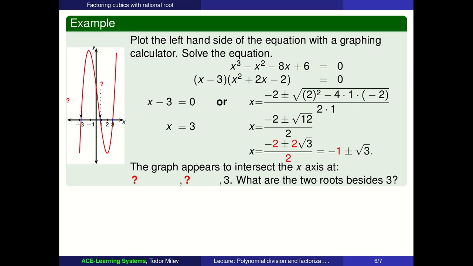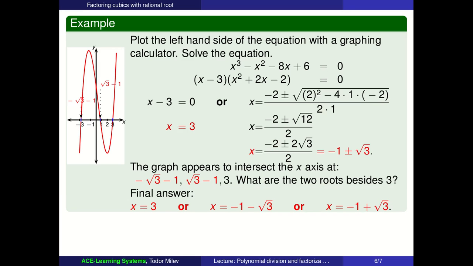And this is our final solution. So finally we get our final answer: x is equal to 3, or x equals negative 1 minus radical of 3, or x equals negative 1 plus radical of 3.